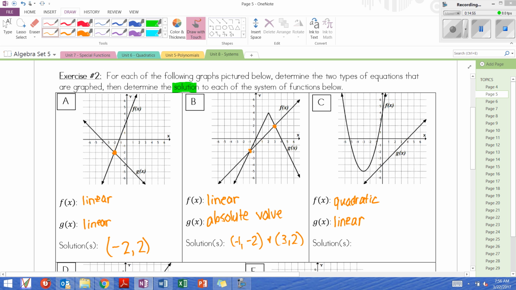If we extend the line, do you think that they're ever going to touch? That line just keeps going. If we continue our parabola, that just keeps getting higher and higher. Will these ever intersect? And the answer is no. So if we talk about the solutions that they have, there are no solutions.